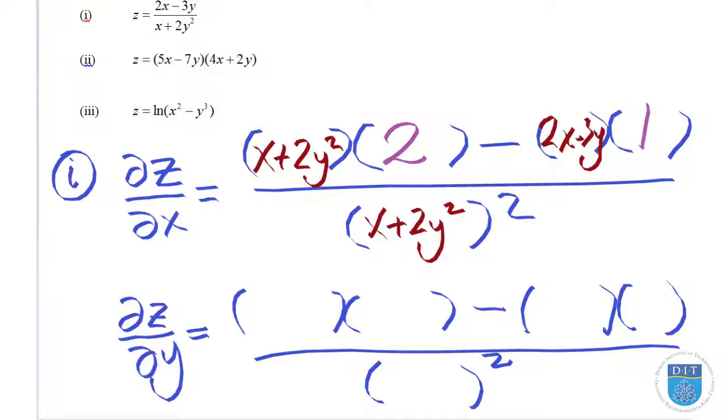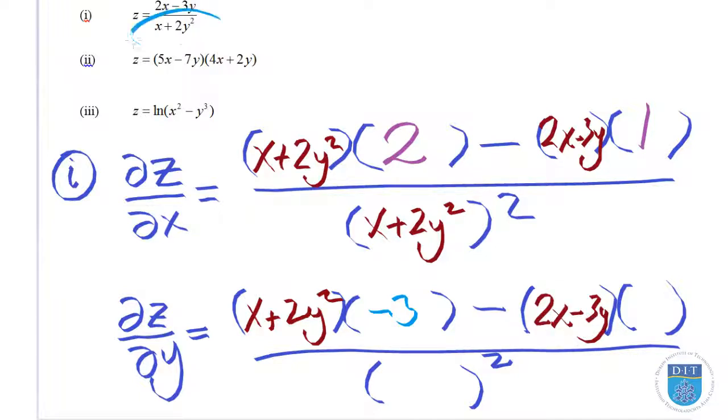Okay, so the bottom is still x plus 2y squared by the derivative of the top with respect to y this time. There's the top again, bottom by derivative of the top: no y there, I'm just left with a minus 3. Minus the top by the derivative of the bottom, 2x minus 3y by the derivative of the bottom.